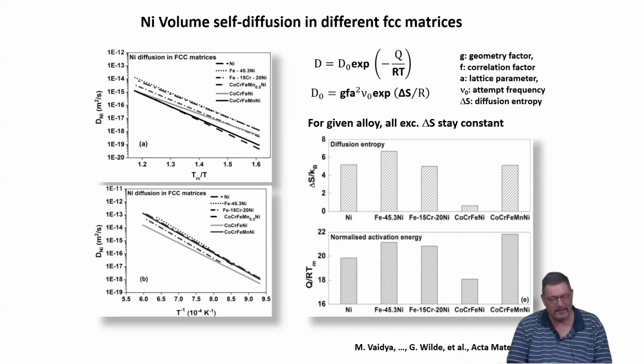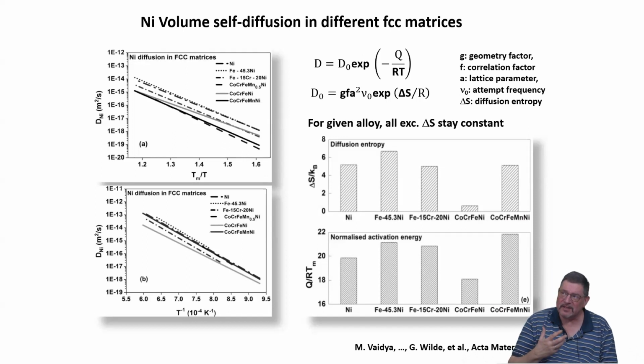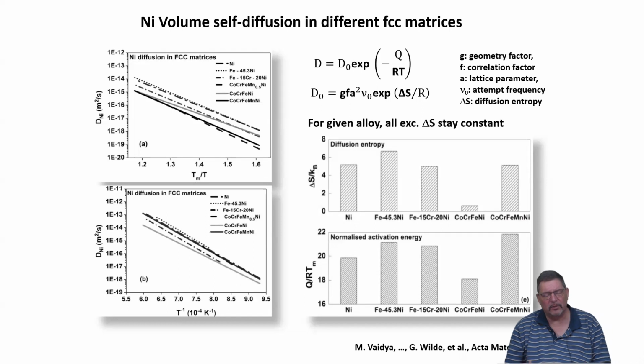So you can always find some conditions or some specific ways of comparing your data where you can certainly say, yes, diffusion is more sluggish. But you can also find comparisons and bases like homologous or absolute temperature and so on, where this statement is at least taken with a very big grain of salt, especially concerning the magnitude of the effect.